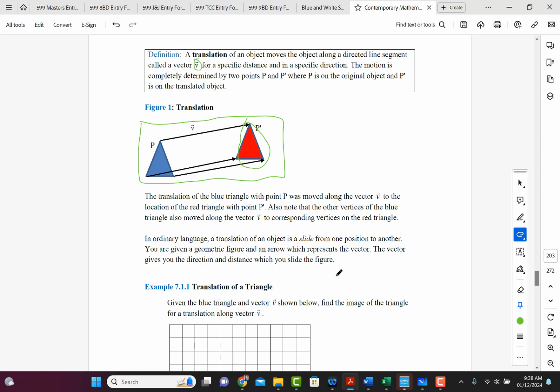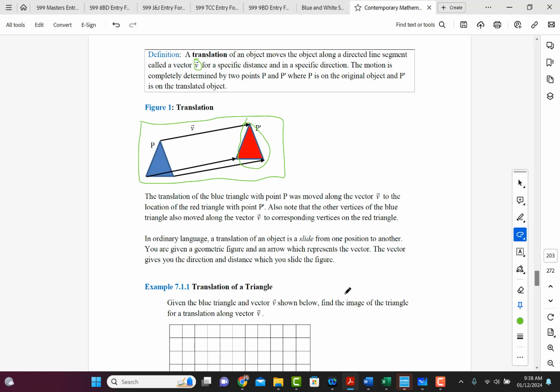The translation of the blue triangle with point P was moved along the vector V to the location of the red triangle with point P prime. Also note that the other vertices of the blue triangle also moved along the vector V to correspond to vertices on the red triangle.